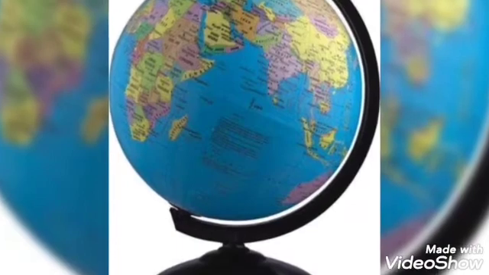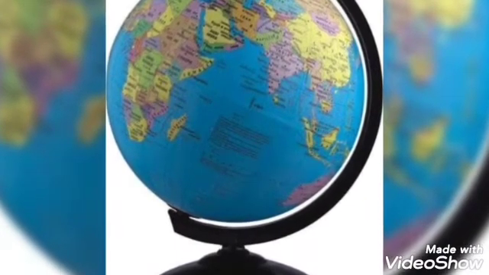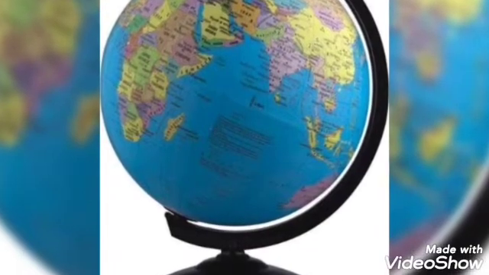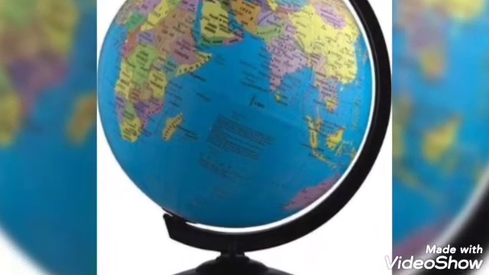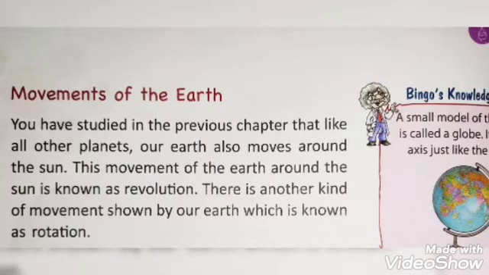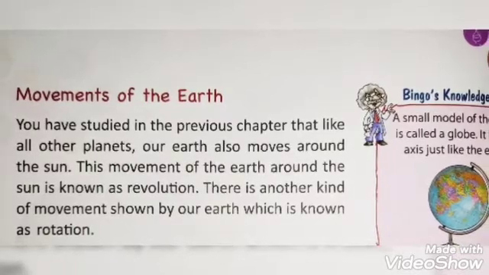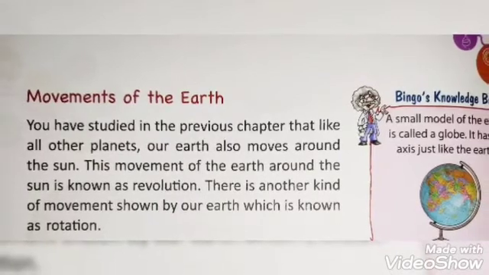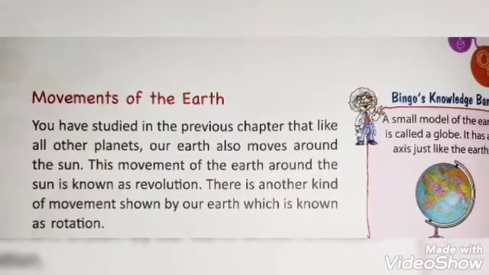So children, when earth moves on its own orbit around the sun, this movement is known as revolution. And because of revolution, the year changes and season changes occur.